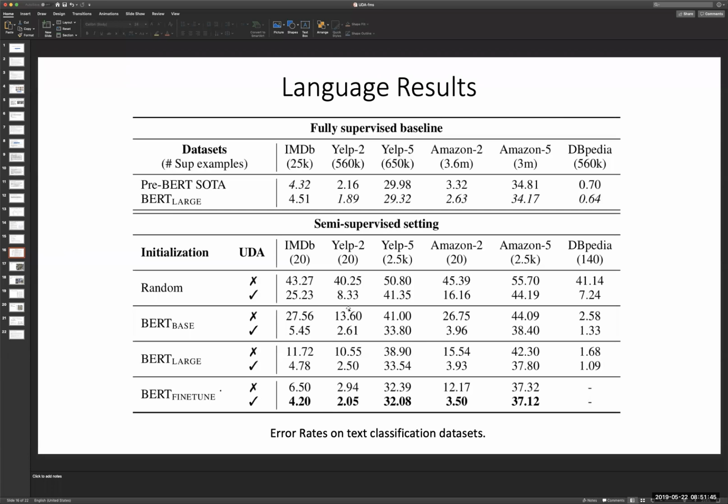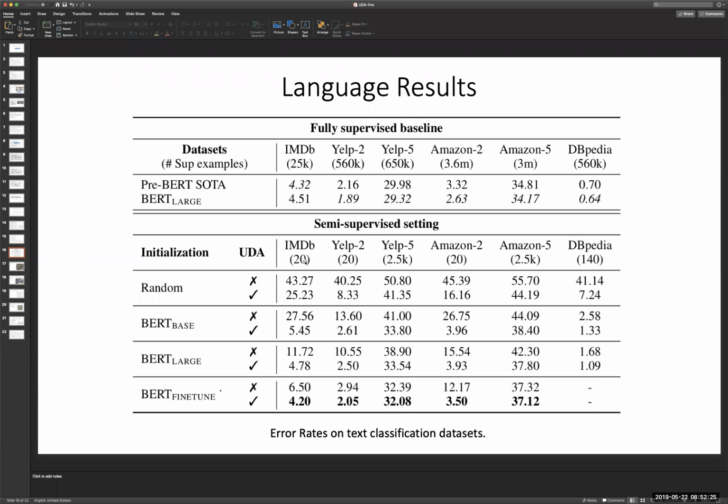So those types of improvements are across the board here. We see that BERT fine-tuned with UDA is in bold on every one of these, except the last one, which they didn't run it on, but it does well on the large. It's very good, when you consider the small amount of labels that are used.